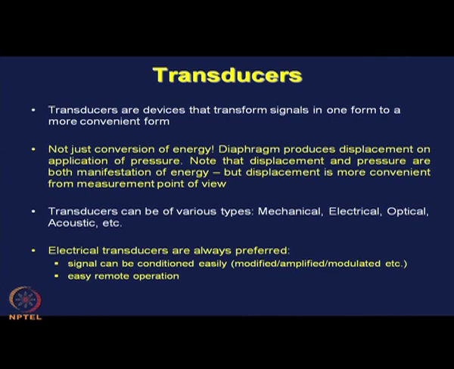Let us take example of diaphragm. You imagine a thin metallic diaphragm or thin non-metallic diaphragm which will produce a displacement on application of pressure. So, the diaphragm receives pressure as input and gives displacement as output.